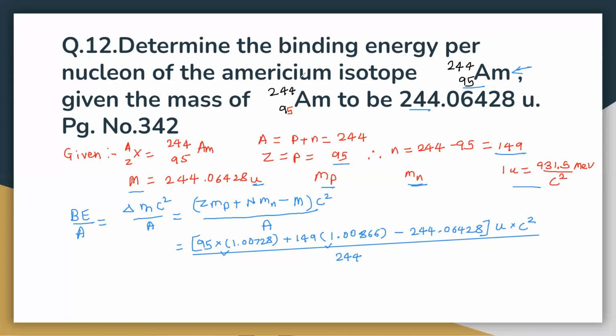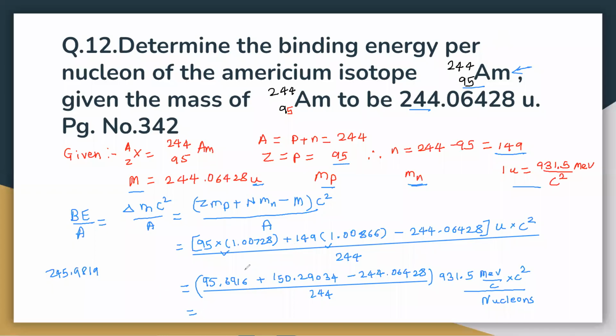So let's do this multiplication and addition. Multiplication of 95 into 1.00728 is 95.6916. In a similar way we will do the multiplication for 149 into 1.00866, and then the addition of these two is 245.9819. So 245.9819 minus 244.06428, that subtraction you need to do.